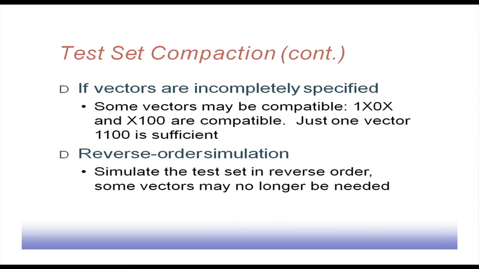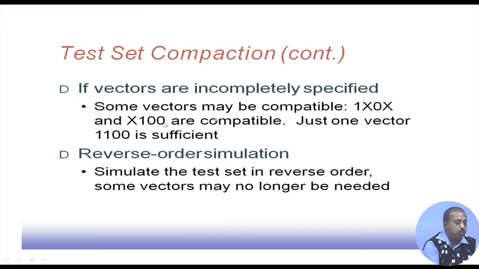For example, it may so happen that some of these vectors are compatible vectors, meaning one vector is, say, 1x0x and the other vector is x100. Then, instead of taking two vectors, if I just take a single vector which is 1100, this satisfies the first vector as well as the second vector.